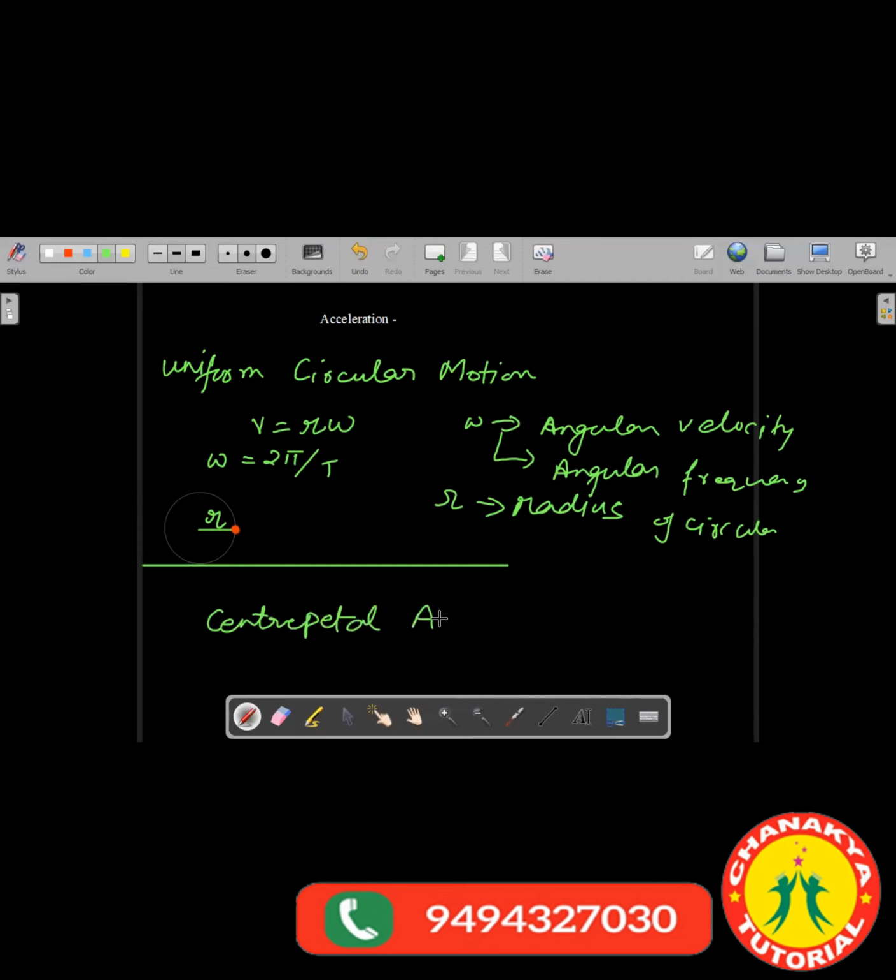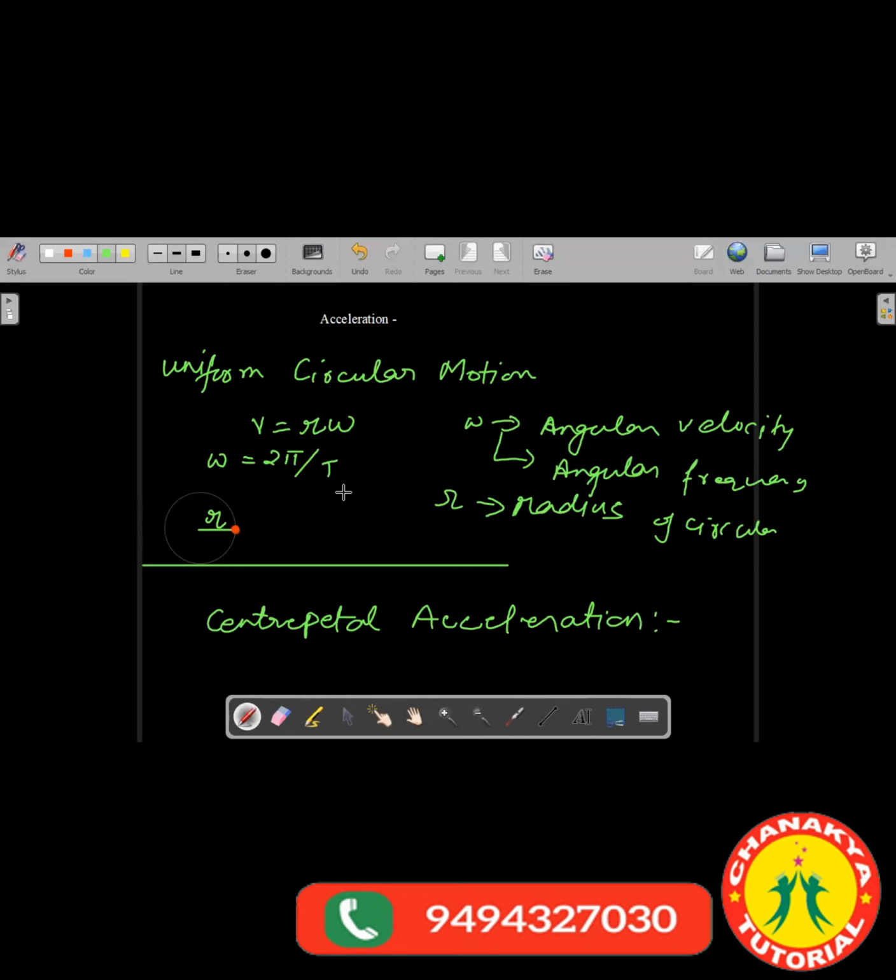Centripetal acceleration acts even when the object is moving with uniform motion in a uniform circle. Even if your wheel is rotating with a constant angular velocity, an acceleration will be acting towards the center. That acceleration we call the centripetal acceleration.